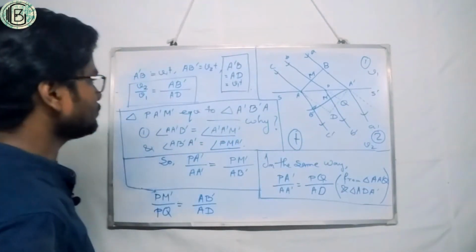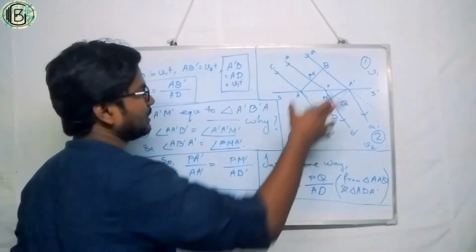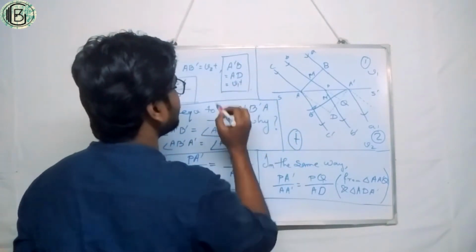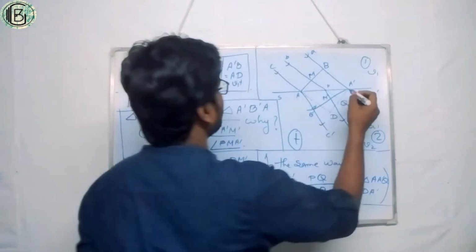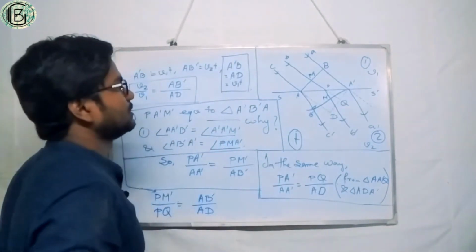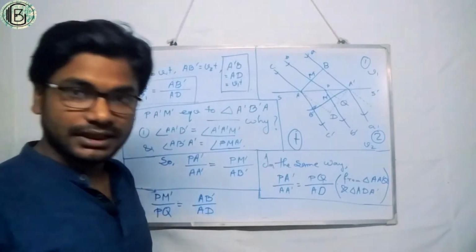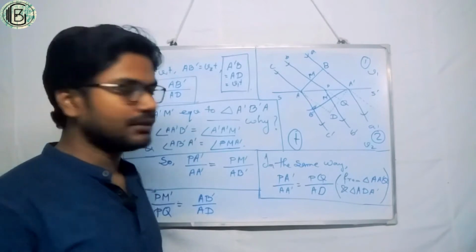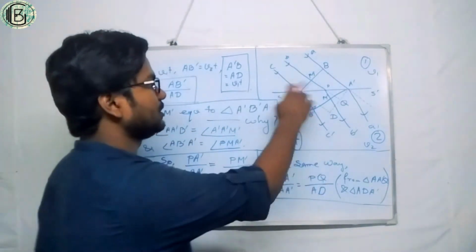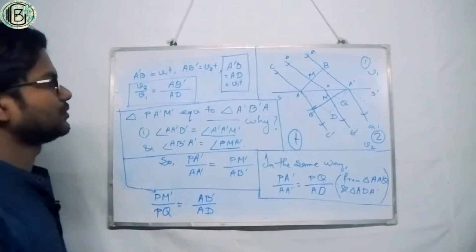Now, as according to our image, as these are parallel, so A prime B should be equal to AD. So, A prime B equal to AD, and this is also equal to V1T. That means if the refractor is absent, then the light will travel this portion, that means AD. Now we'll try to solve.